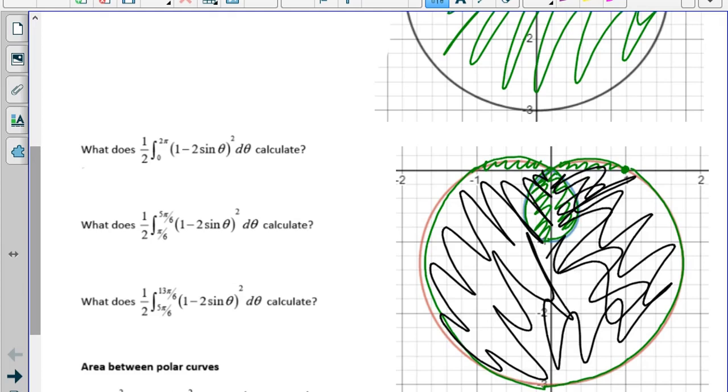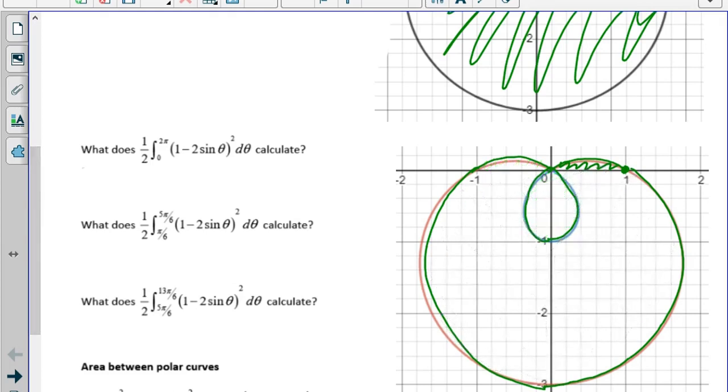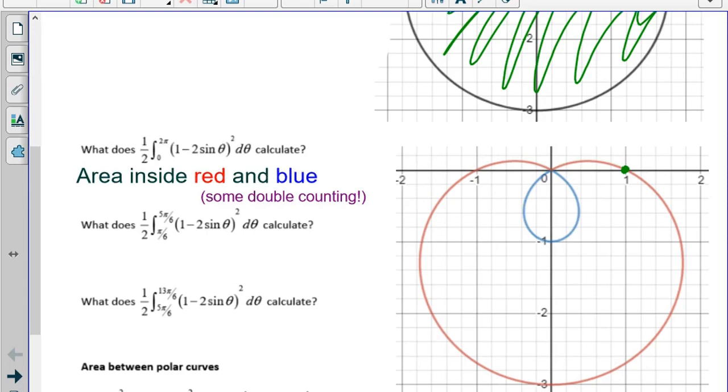It's counted as area that's green and area that's black. So that's bad. We don't really want that. Oh, sorry about that. We don't want the area inside the red and the blue. There's some double counting.